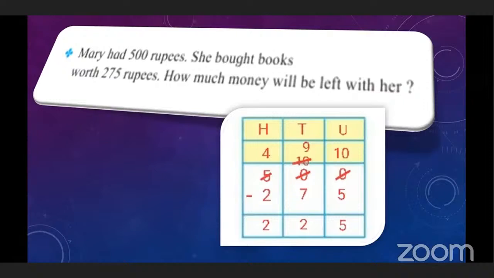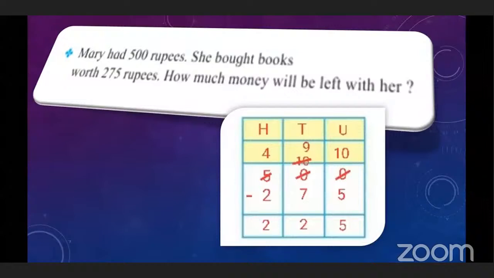At the unit place we cannot subtract 5 from 0, so we have to get 1 from the tens place, but here again there is a 0, we cannot get 1 from 0, so again we have to proceed towards the hundred place. Here at the hundred place there is a 5 and we have to cut the 5 to get 1 for the tens place.